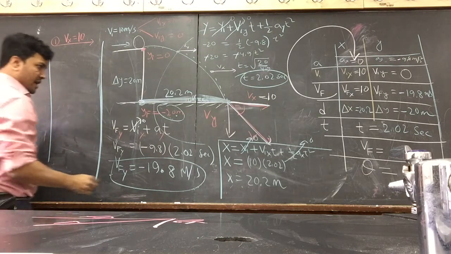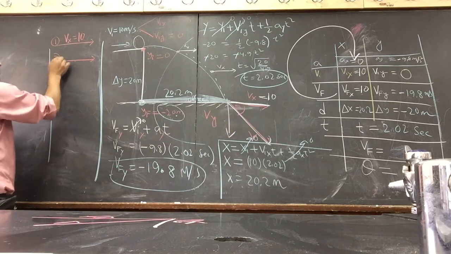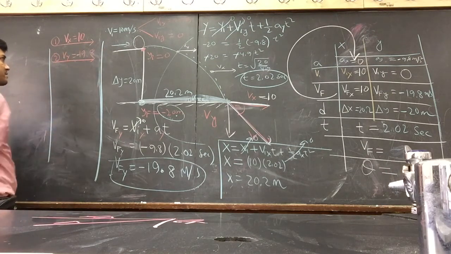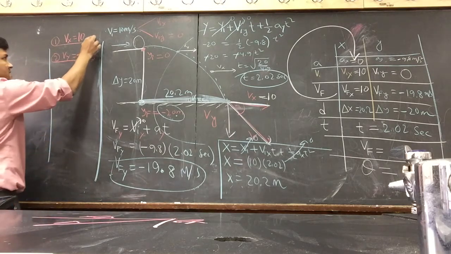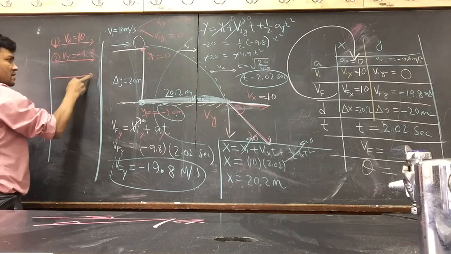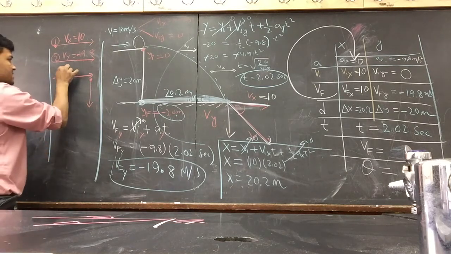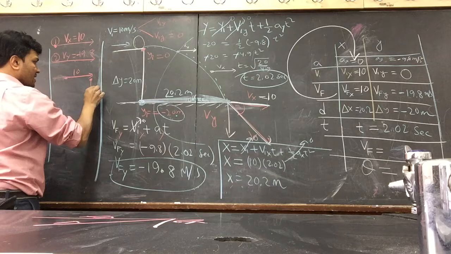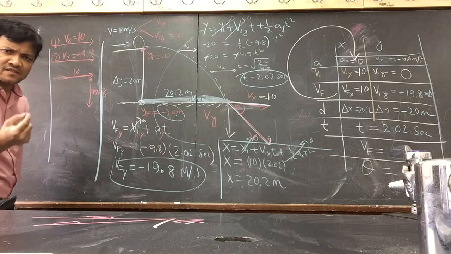Arrow number 2 is Vy and its magnitude is 19.8, negative. We're going to do the head and tail method. This is our head, this is our tail. This is 10 and this is 19.8, of course negative.